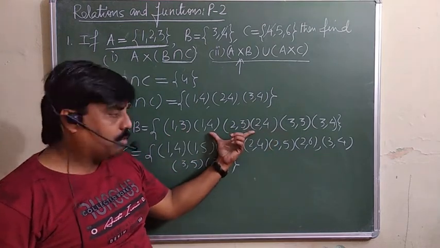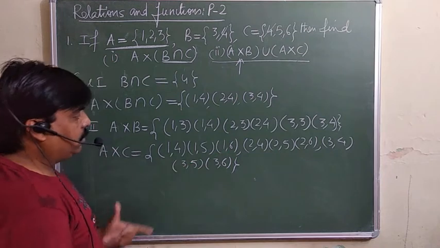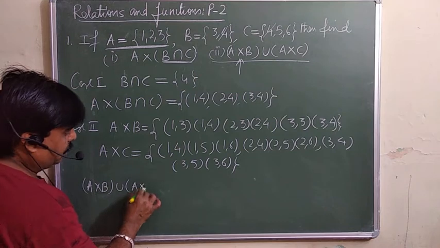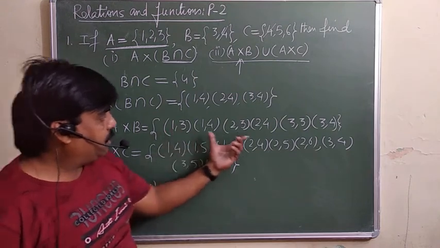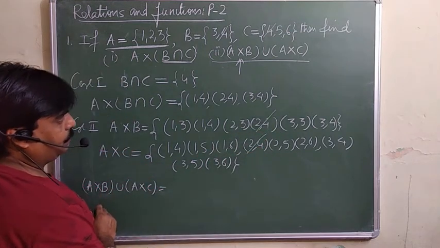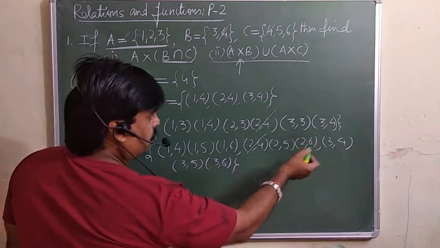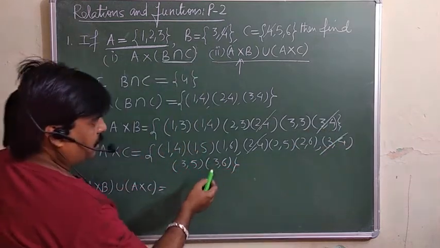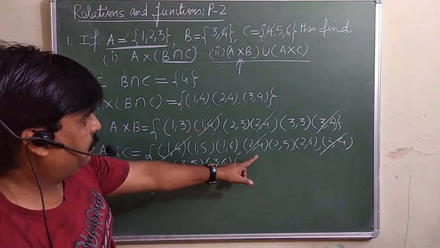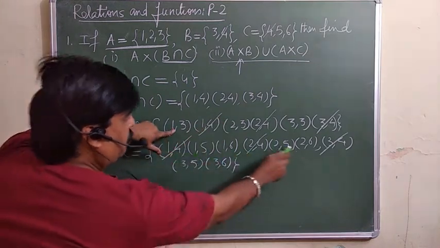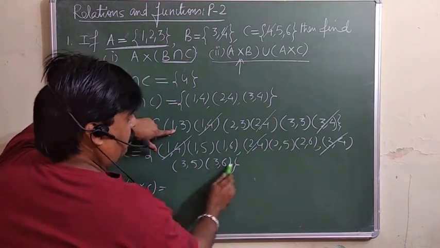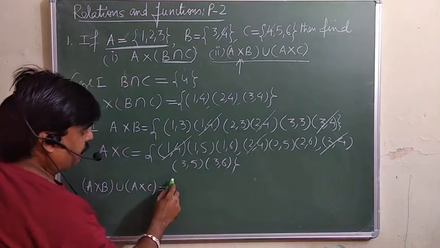So if you want to take A cross B union A cross C, first see which ordered pairs are common, because they will come one time. See, 2 4 is here and 3 4 is also here, then 1 4 is also here. 1 3, no. 2 3, no. 3 3, no. It means the common ones are written one time, and the rest you must write down.